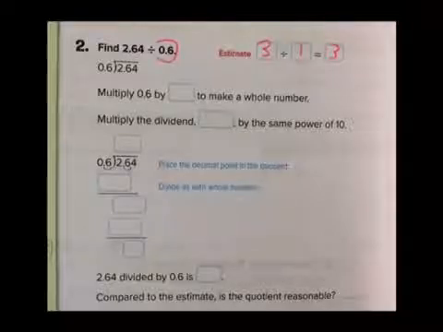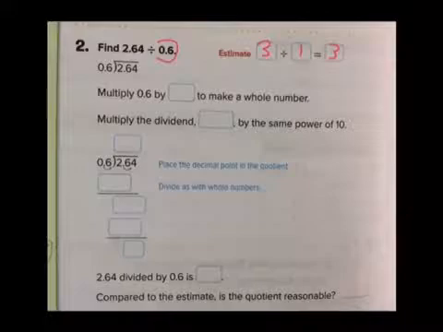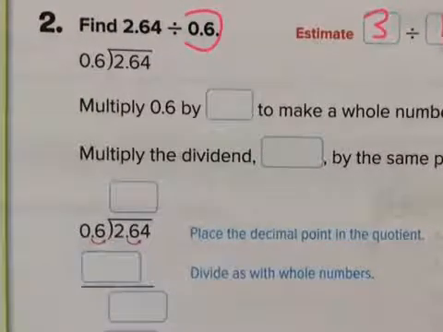Okay, let's see. What do we do here? Remember, the rule is that we have to move this decimal. I don't know if you remember this from class, but in order to divide decimals by decimals, we have to move this decimal over until this number becomes whole. This time it would only be 1. If it were 2 decimal places, we'd have to move it twice. But right now we only have to move it once.